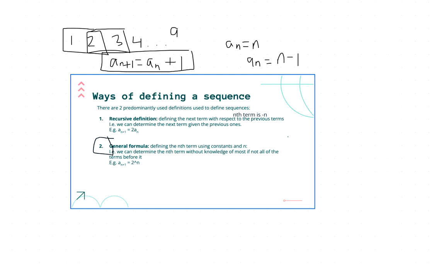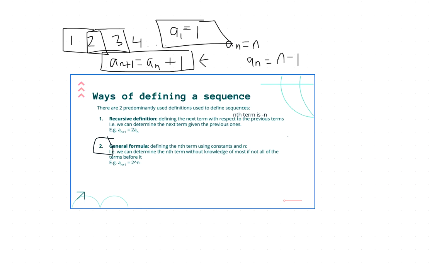Because in a relationship like this, you don't know what your starting point is. So for a recursive definition of the positive integers, you would also want to set a_1 equals 1. From this relationship, we know the difference between consecutive terms is 1, but we don't know where the sequence starts. So these are our two important specifics.